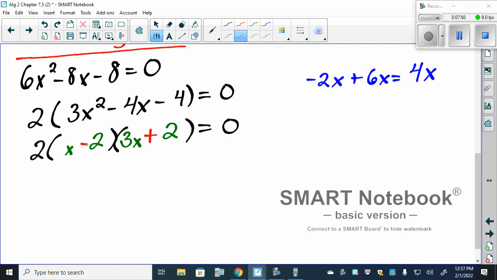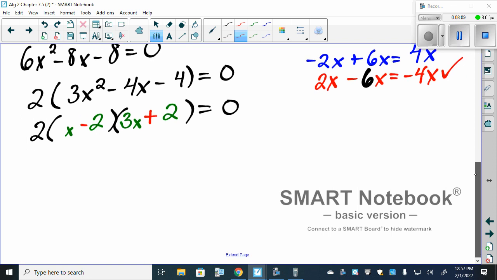And if we flip the signs, now we have x times 2 would be a positive 2x. Negative 2 times 3x would be negative 6x, which would give us a negative 4x, which we wanted. So we just need to switch the signs. Any questions on how we got to this point so far?